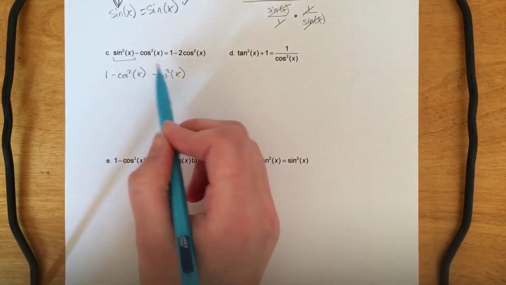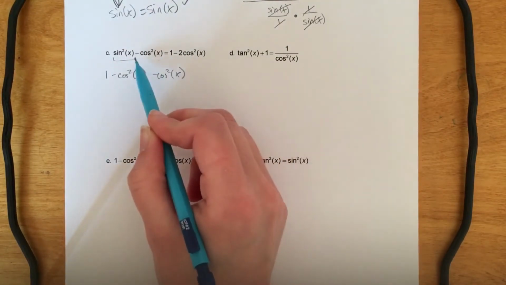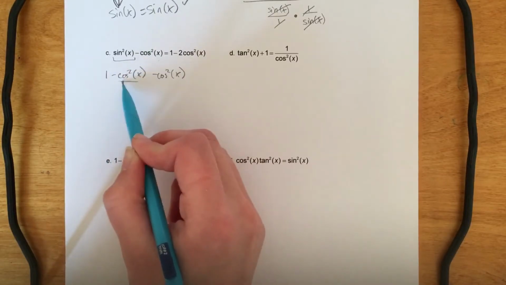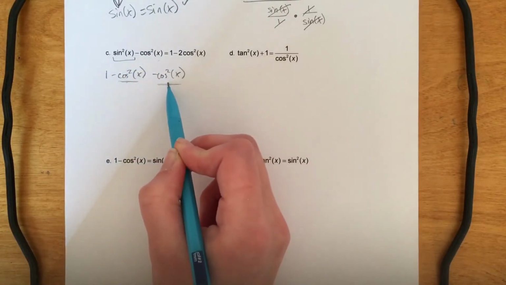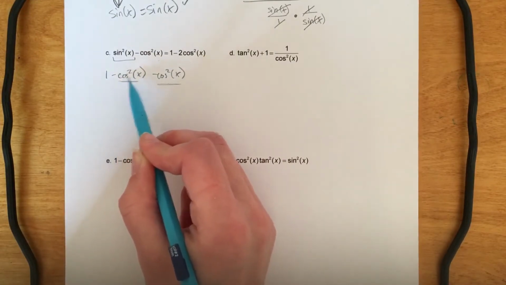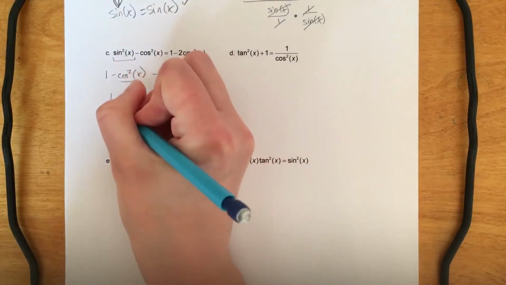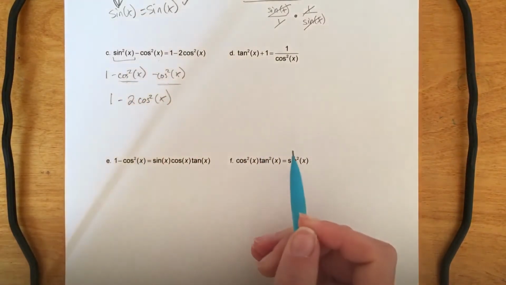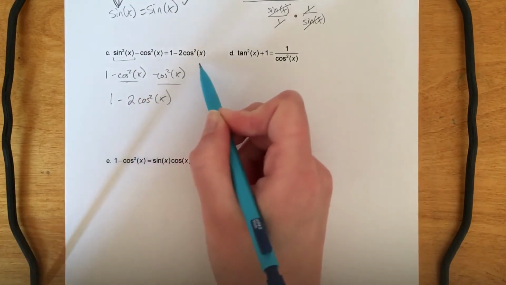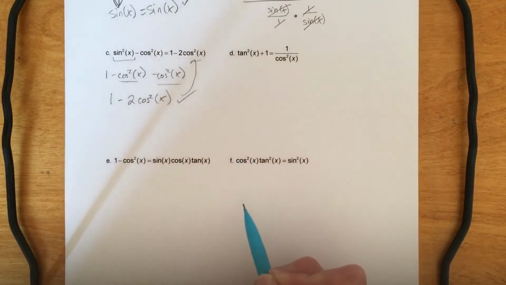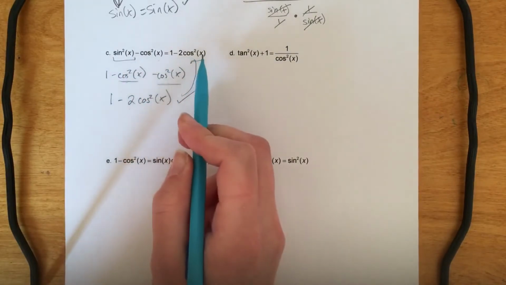We're going to try to make this left side turn into this right side. We have some common terms here: cosine squared and another cosine squared that are being subtracted. So negative cosine squared and minus cosine squared would be minus 2 cosine squareds, just like their x's, right? And that indeed is what we want this side to equal. So it equals the same thing. We just proved that this left is the same as this right.